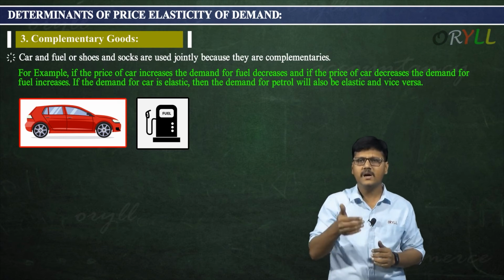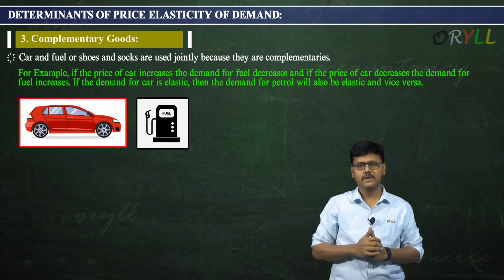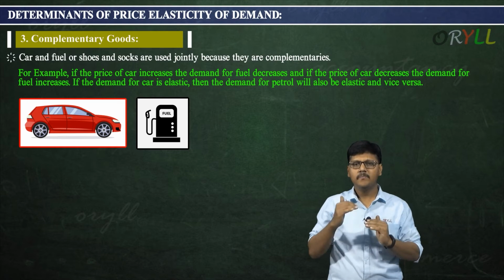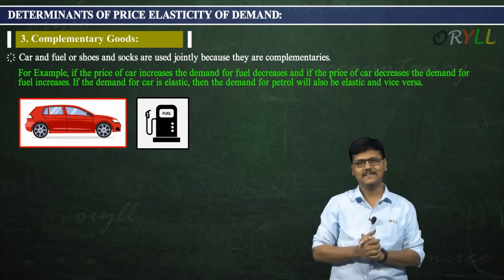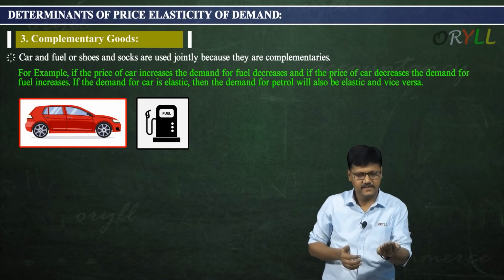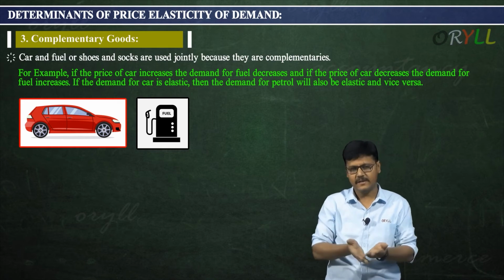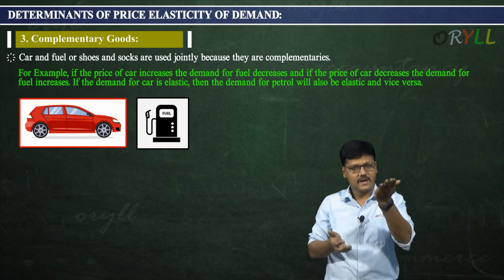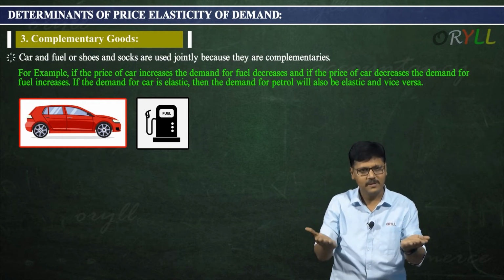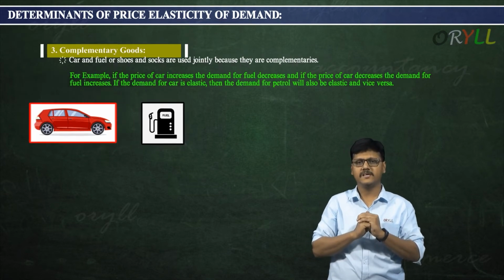And if the price of the car decreases, the demand for fuel will increase. So if the demand for car is elastic, then the demand for petrol also will be elastic. The reason is, when the car's price decreases, demand for petrol will increase. When the demand for car is elastic, demand for fuel also will be elastic.